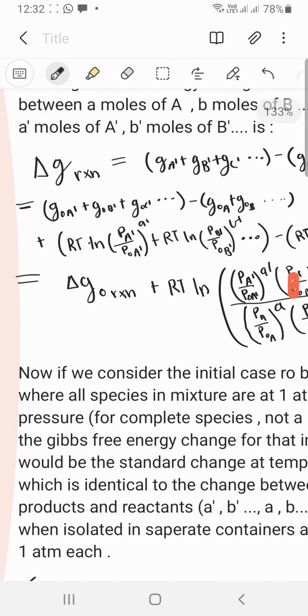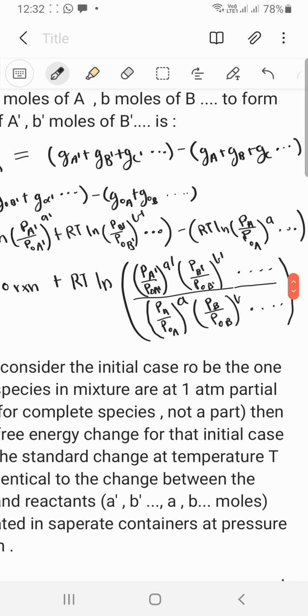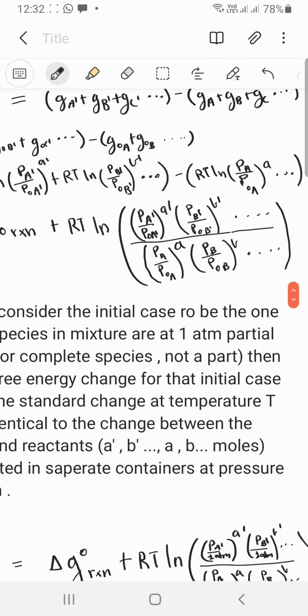So now this is just the initial Gibbs free energy change of the reaction plus this quantity RT natural log of PA dash upon P0 A dash to the power of small a dash, and PB dash upon P0 B dash to the power of small b dash, and so on upon the same thing but just for the reactants.